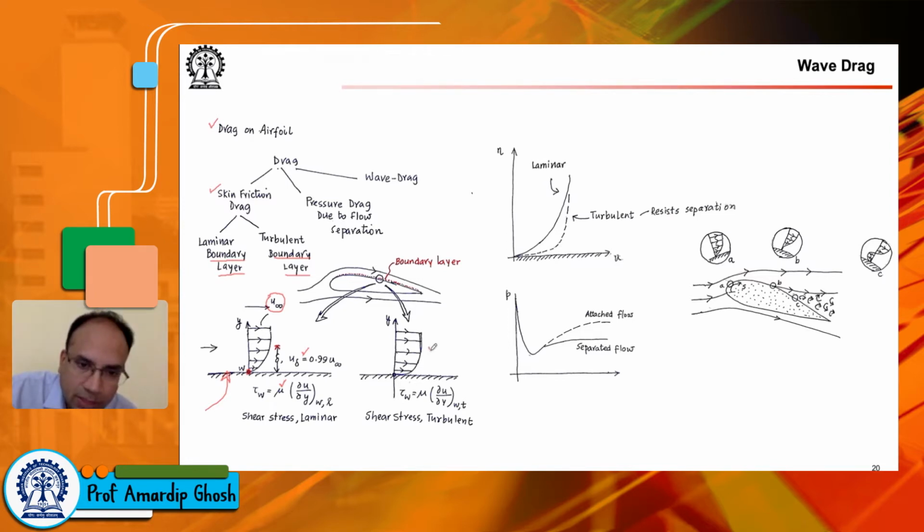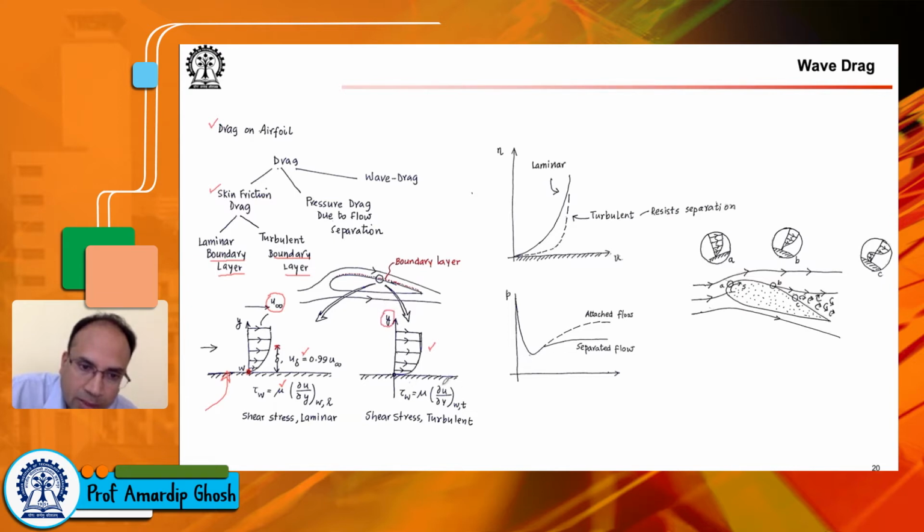We discussed that for laminar flow fields, the velocity profile in the boundary layer looks something like this, whereas in the turbulent boundary layer, now keep in mind the instantaneous velocity profile will not look like this. This is the time averaged velocity profile in a turbulent boundary layer. And here we see that the rate of change of velocity with respect to this y-axis is very high.